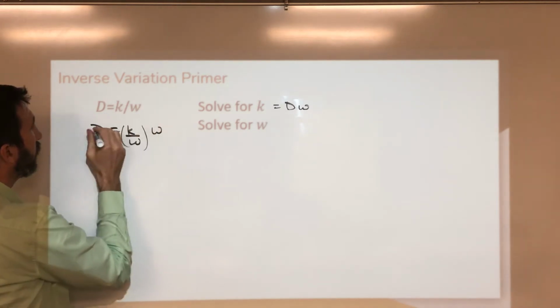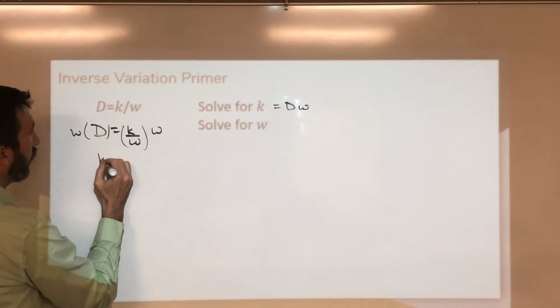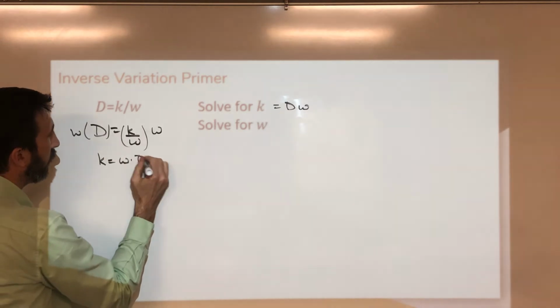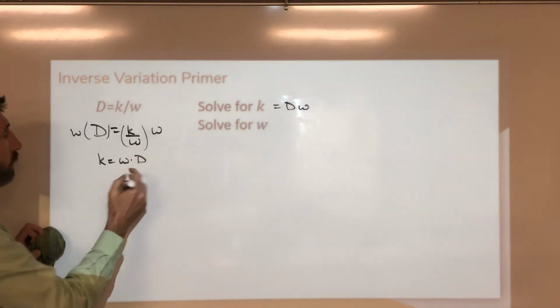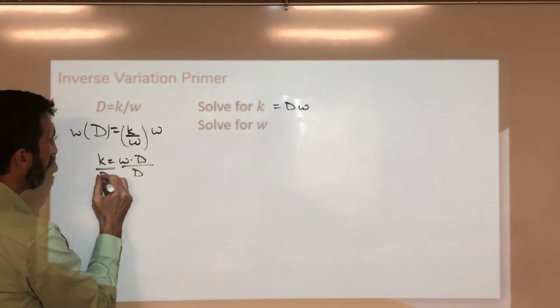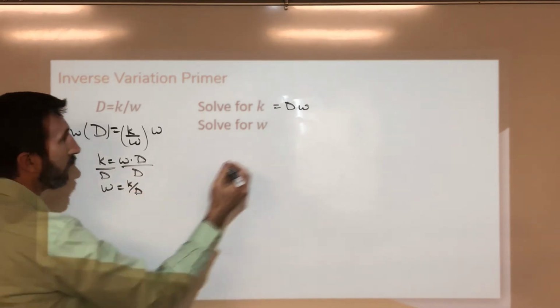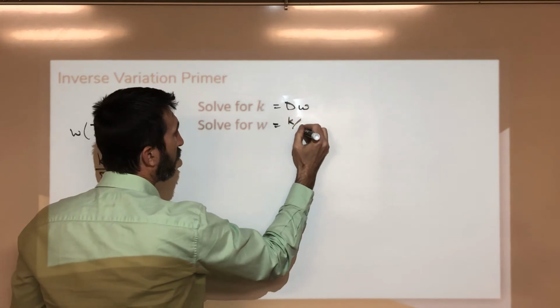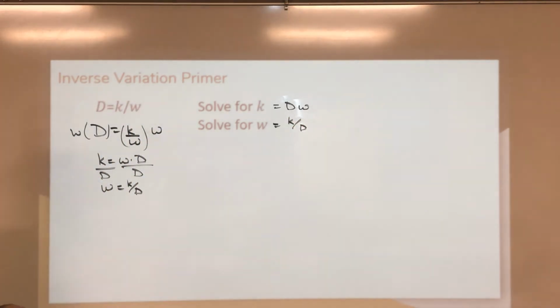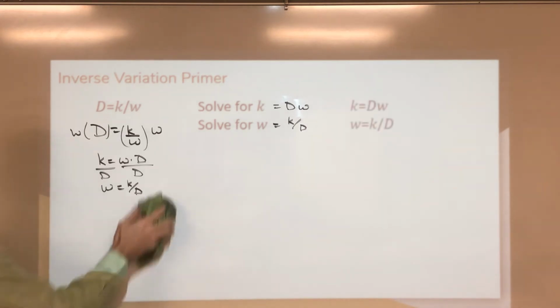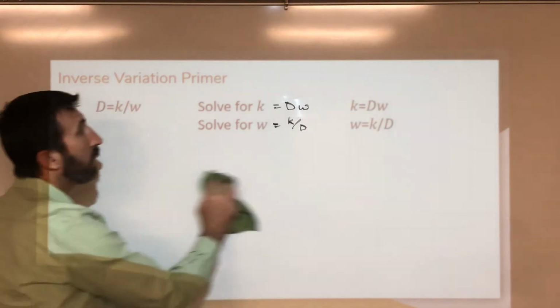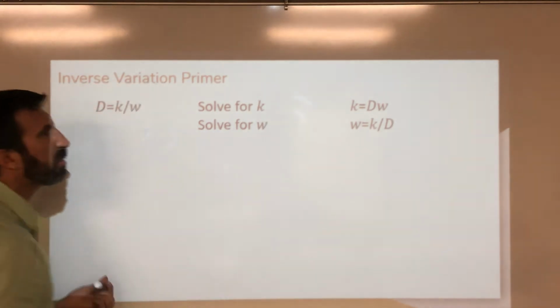So if we multiply times w, we get k equals w times d, but we're trying to get the w by itself, so remember, we divide by d, we get w equals k over d. So we're able, again, to solve for each of our variables. We get k equals d times w, or w equals k over d.